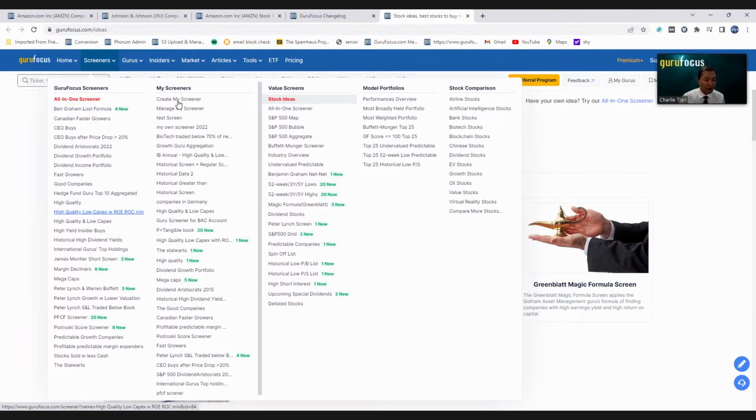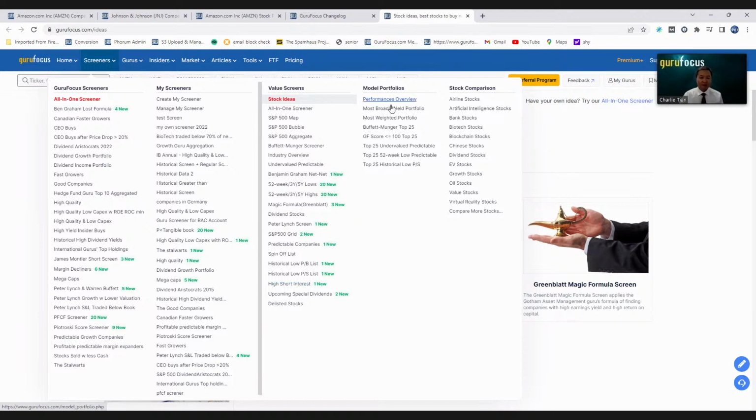When you create your own screens, they will be listed here. We also have some value screens we created over the years. They're listed here. Here it shows you how many new stocks come from each screener. You can check those for an overview.